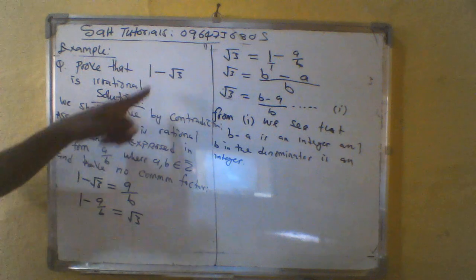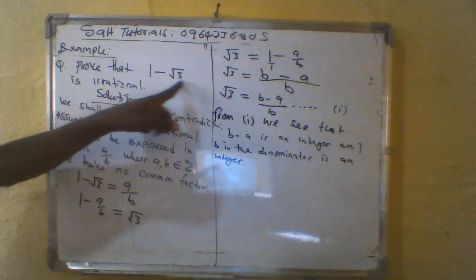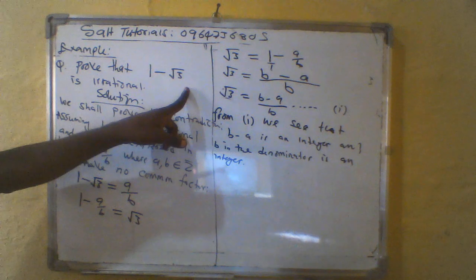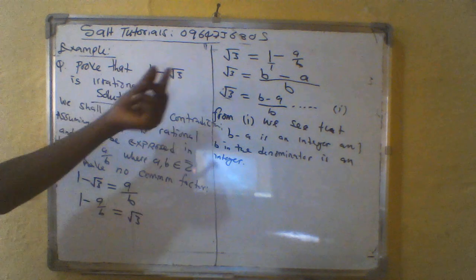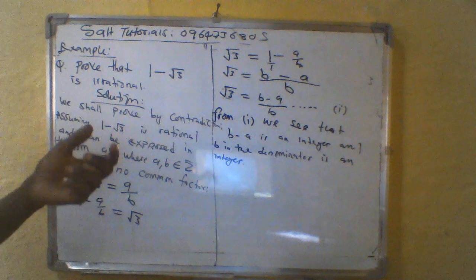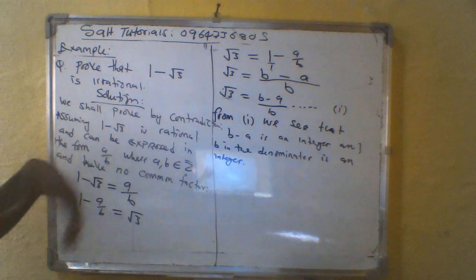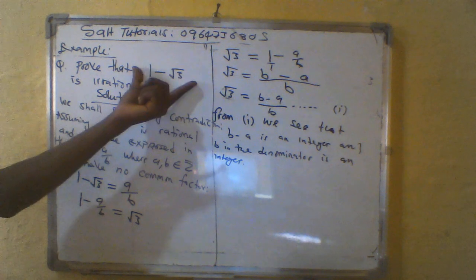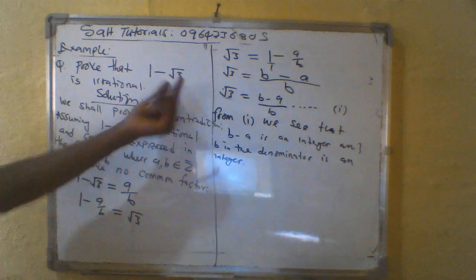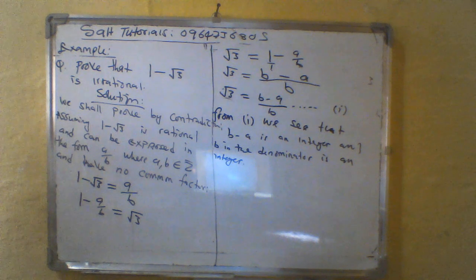So when proving that such a combined expression is an irrational value, you have to already have the knowledge of root 3. Sometimes they will tell you, with the concept that root 3 is irrational, prove that this is also irrational. So we've already proven that root 3 is an irrational number.